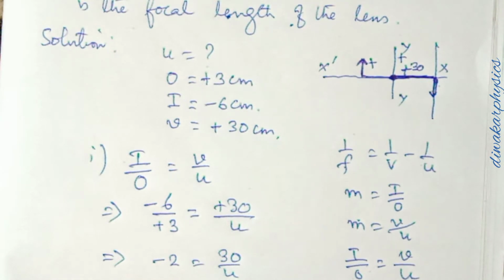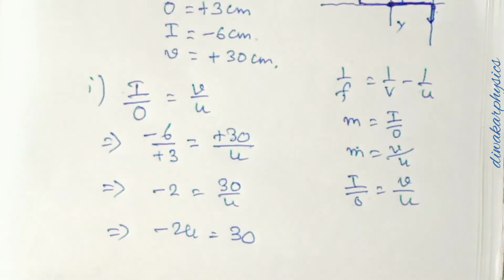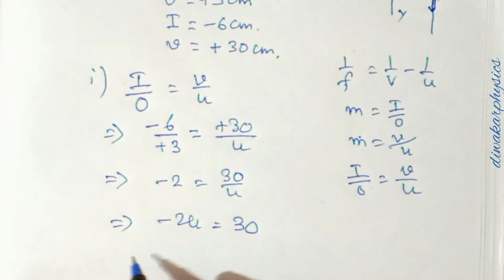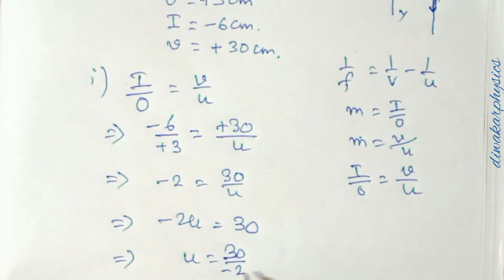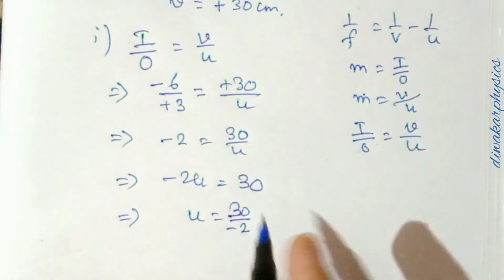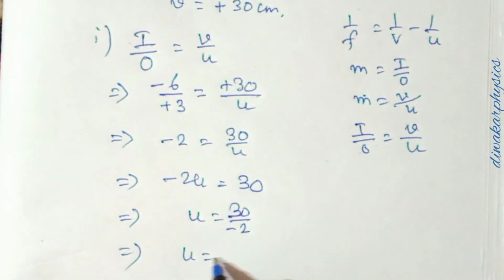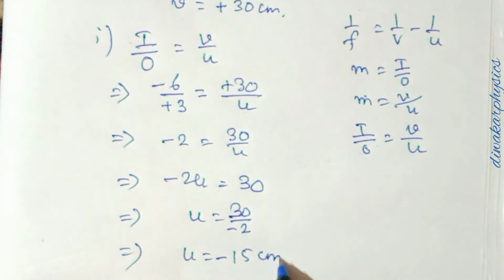So minus 2u equals 30, and then u equals 30 upon minus 2. So this gives u equal to minus 15 centimeter.